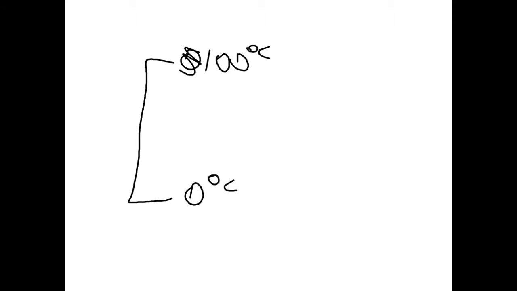Now, if I take some salt and I dissolve that salt into the water, that changes the boiling temperature, and it's called a boiling point elevation. It elevates it above 100. It now boils at a temperature hotter than 100.